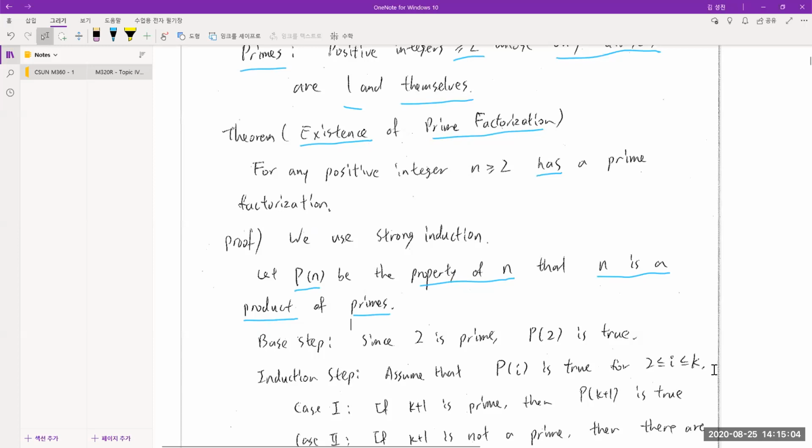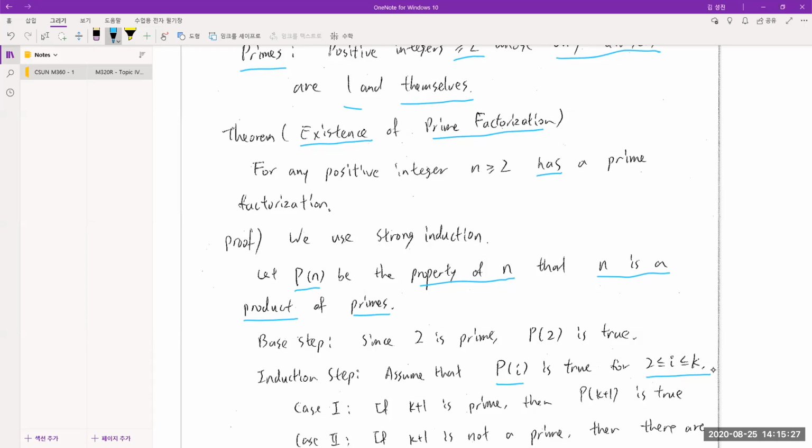Induction is composed of the base step and the induction step. But if we're using strong induction, the induction step looks like assuming the property for all the previous entries.